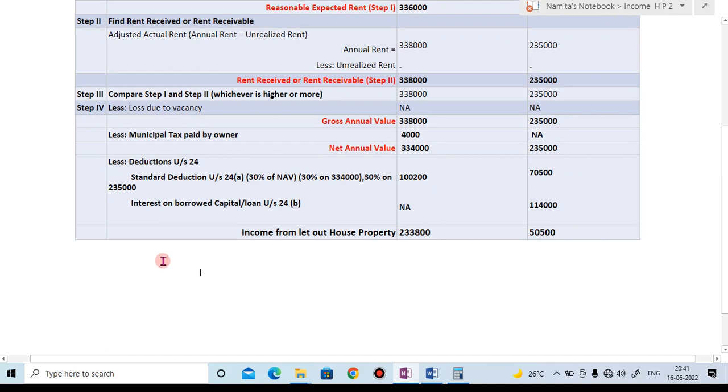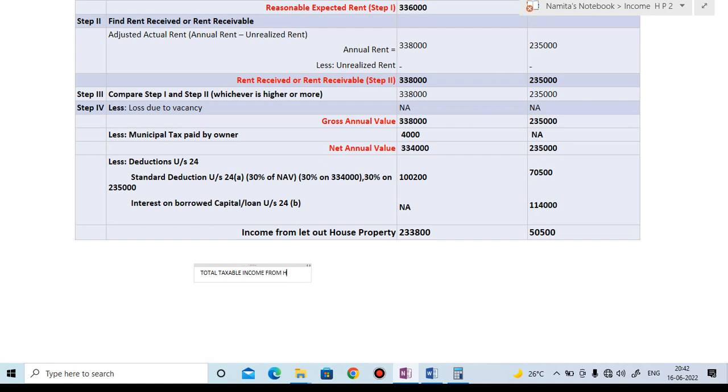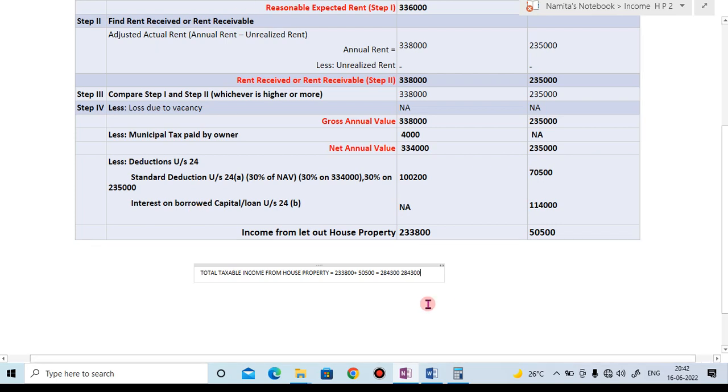So total taxable income from house property is equals to, property 1 is how much? 2,33,800 plus 50,500 is equals to 2,84,300. Okay.